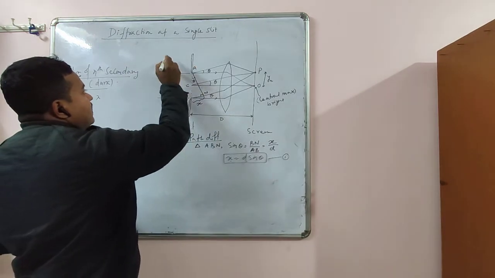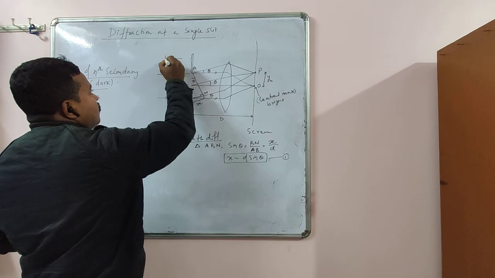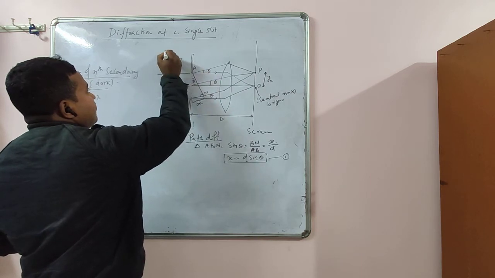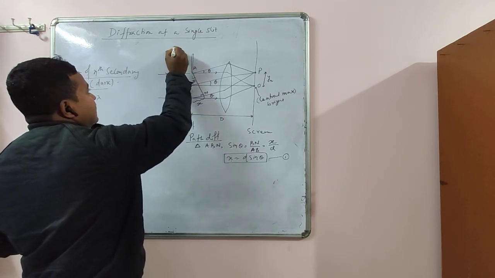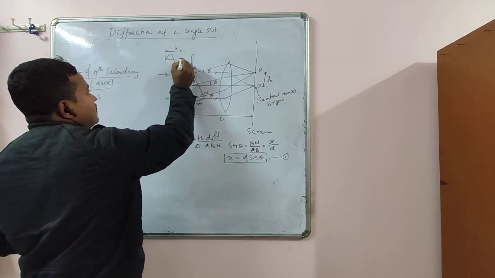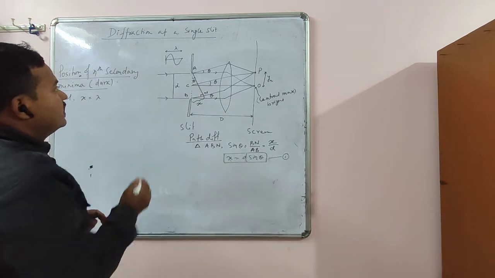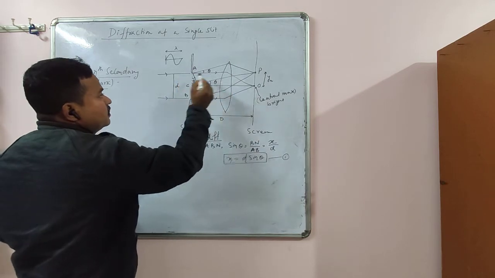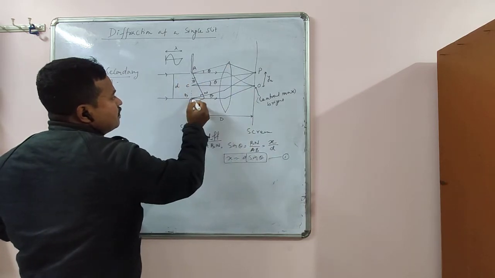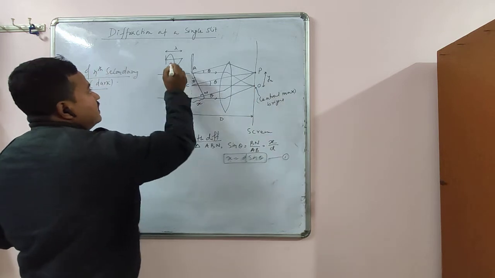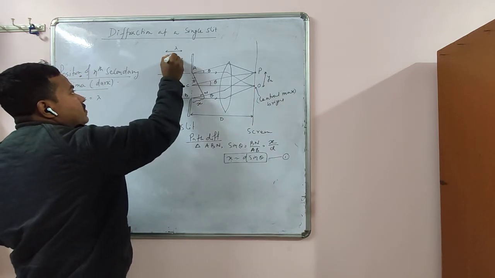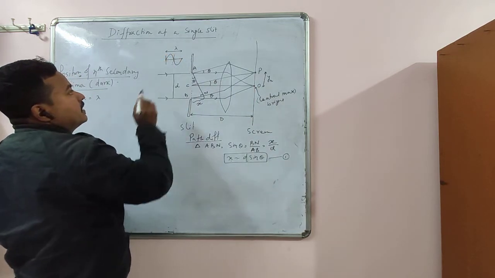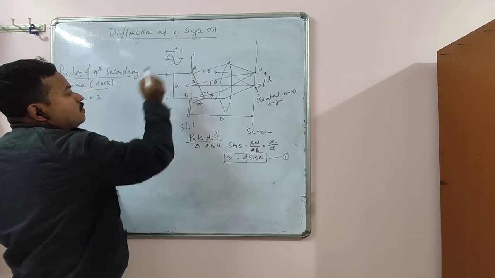Suppose a wave is incident here, that is lambda, from here to here there is one complete wavelength lambda. When it is incident, two waves from these two parts meet at the point P. That means you divide the slit into two parts. This part is crest, this part is trough.